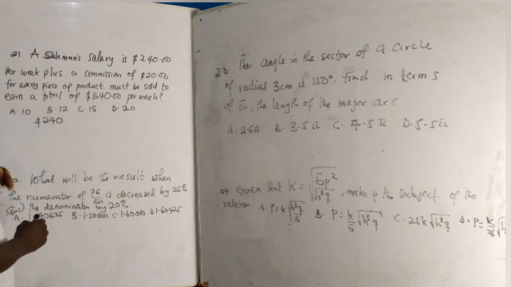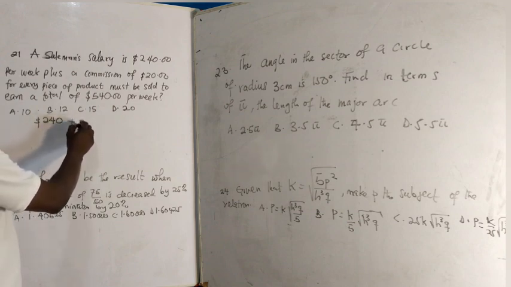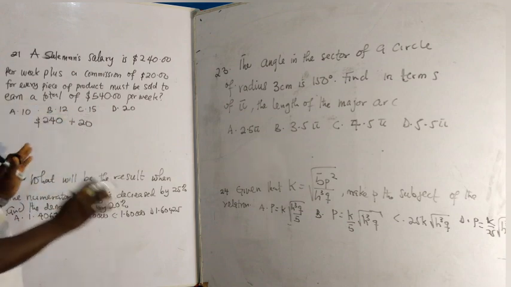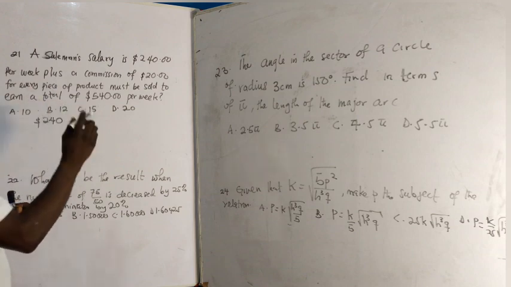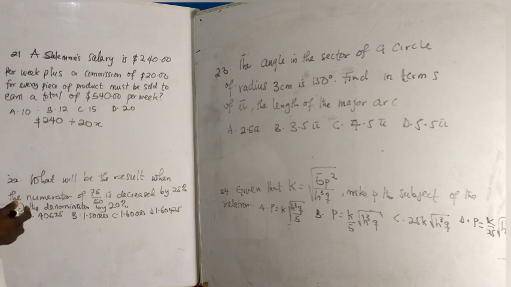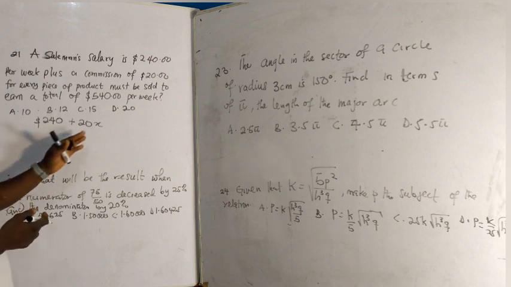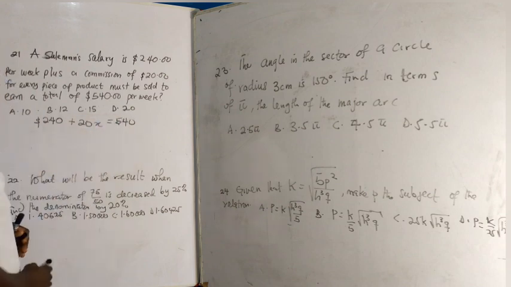So from here, what you have to do is that we know that his salary is 240 plus a commission of $20 on x quantity of product that he sells. Let's use x as the pieces of product that he sells. That total will give him $540.